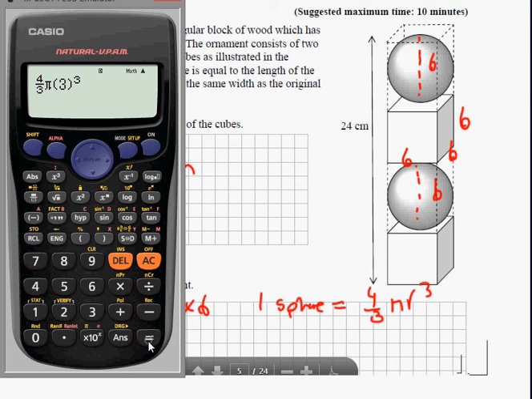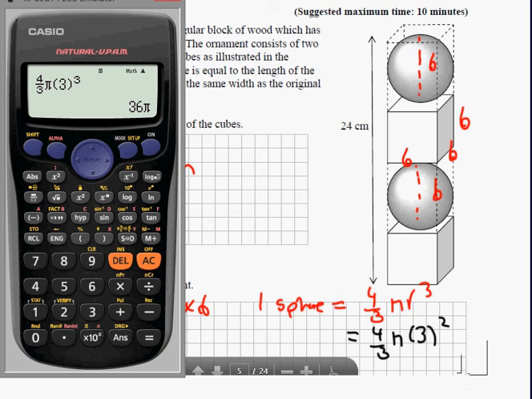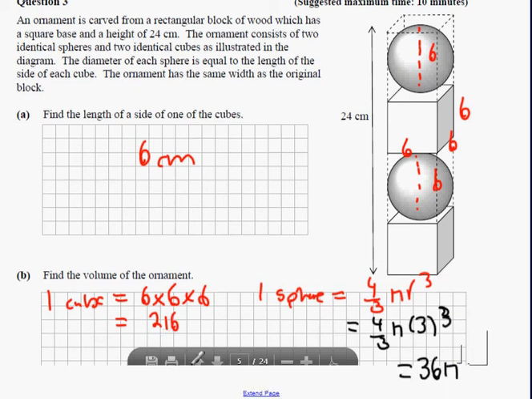36 pi. So that's 4/3 pi times 3 cubed. Wait. Did I do that properly? Seems a bit high. Oh, pi r cubed, yeah, not pi r squared. Okay, lads, 36 pi. What does that mean for the grand total then? We need 2 cubes, don't we?